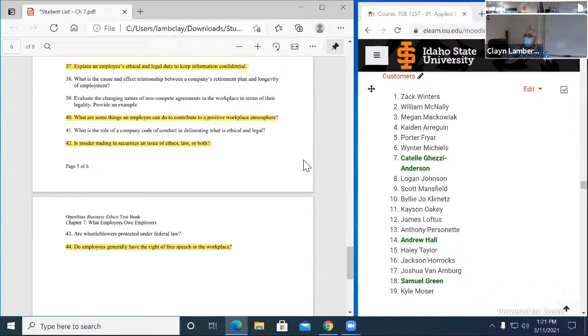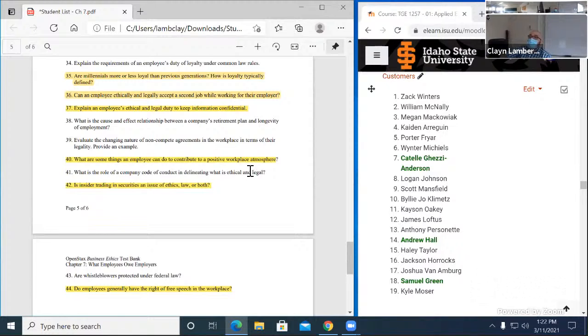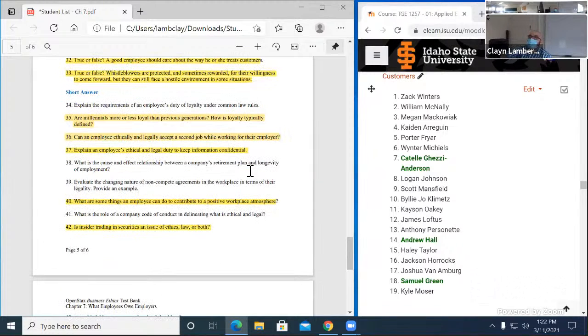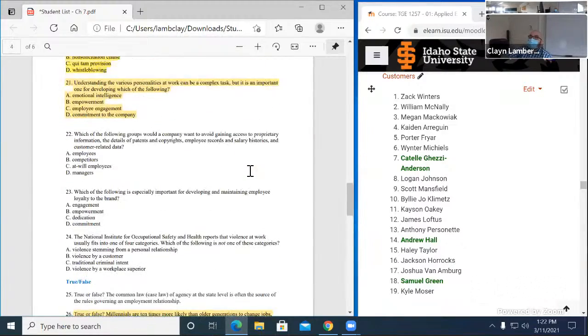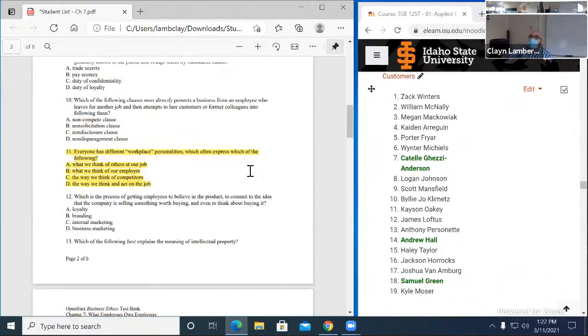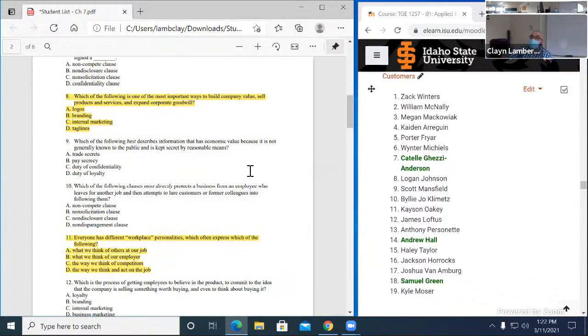Okay? All right, Cattell, do you want to go with one? I do, I have one left. Okay. Number 9. Which of the following best describes information that has economic value because it is not generally known to the public and is kept secret by reasonable means?